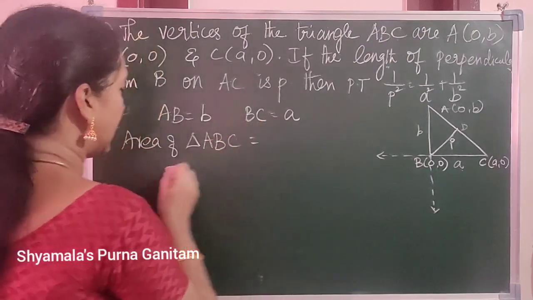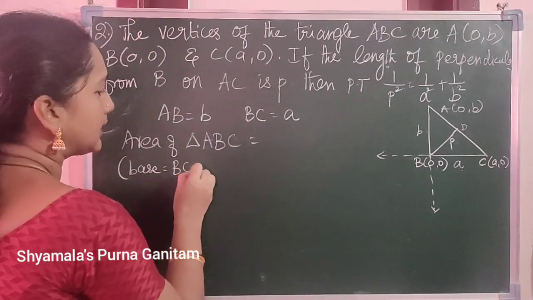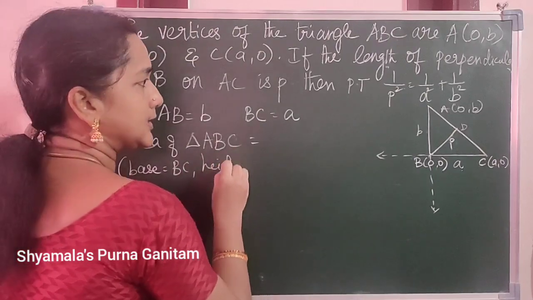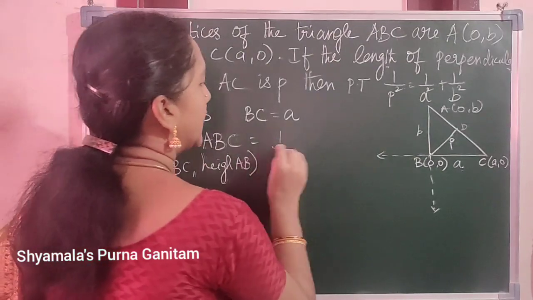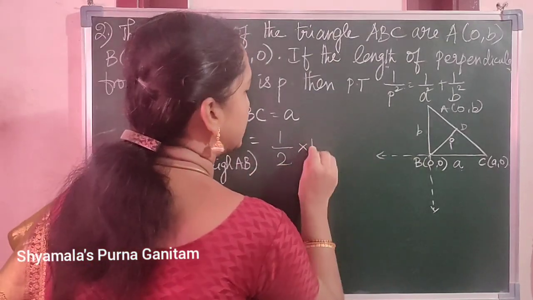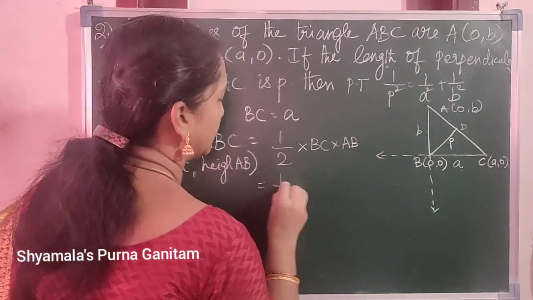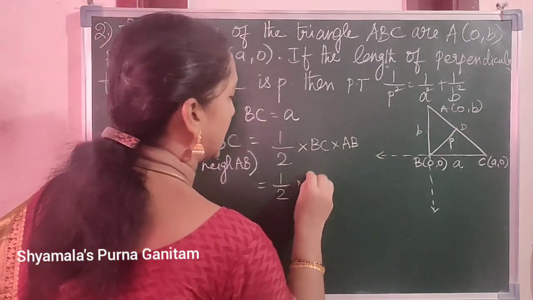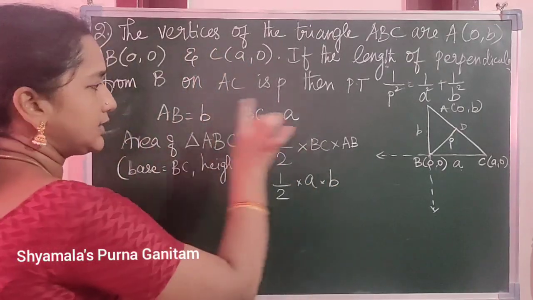One way with base as BC and height as AB, we'll get half into base BC into height AB. So this will be half into BC is a and AB is b, so half ab. This is one thing.